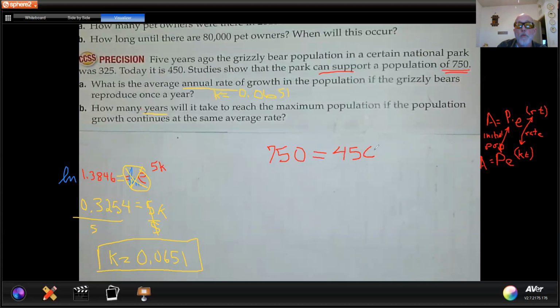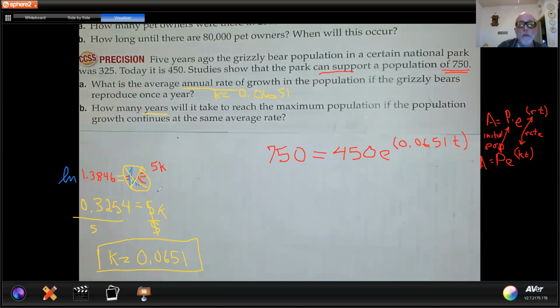You have to start at 450 to figure out how many more years you have to wait until there's 750 bears, right? E to the kt power, except we know what k is. It's 0.0651. And then t is the thing we're looking for. We have no idea the time. That's what we want to know. How long is it going to take?